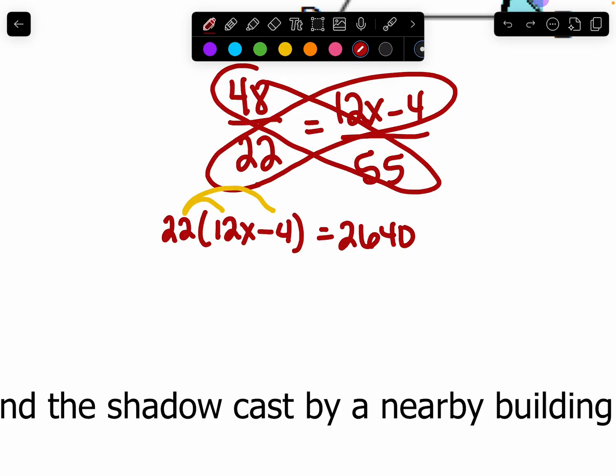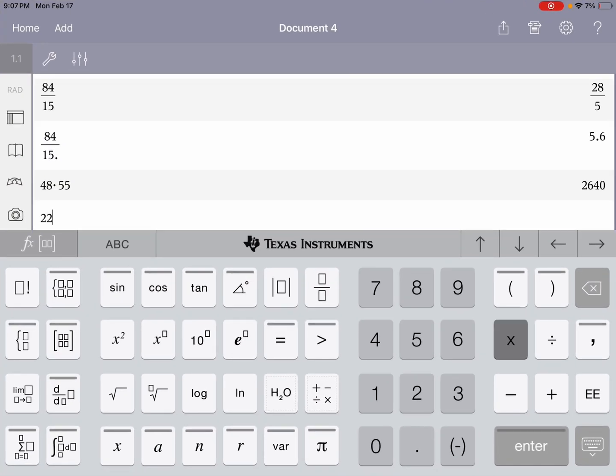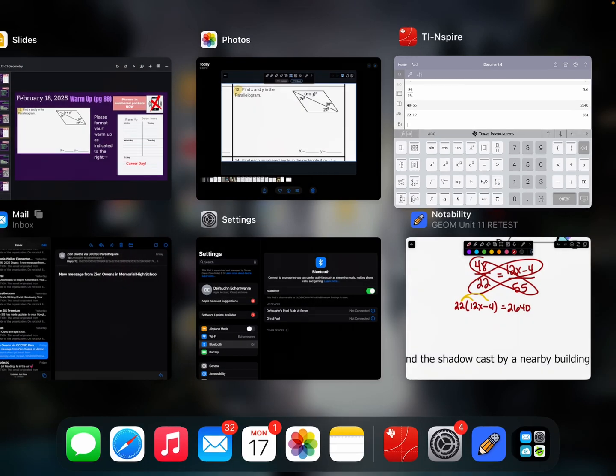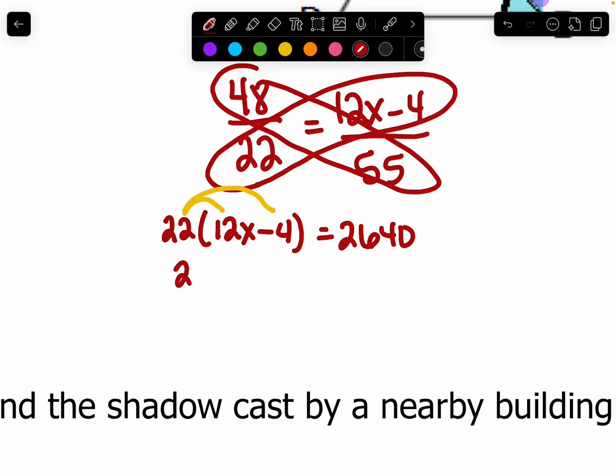Okay, 22 times 12. So we distribute that 22. Then we're going to subtract, just kidding, we're going to add the 88.